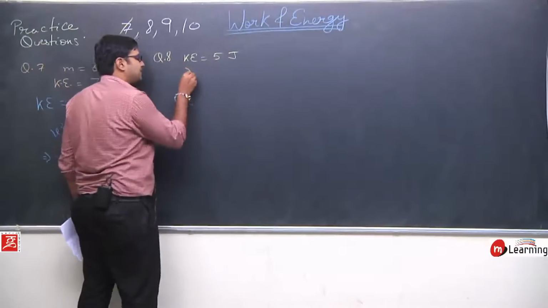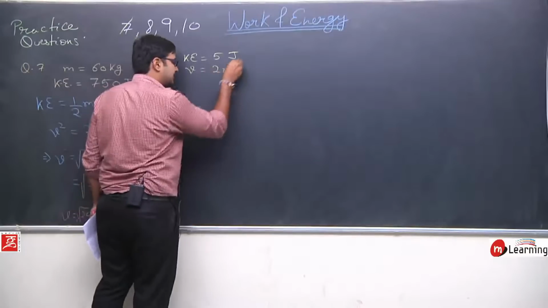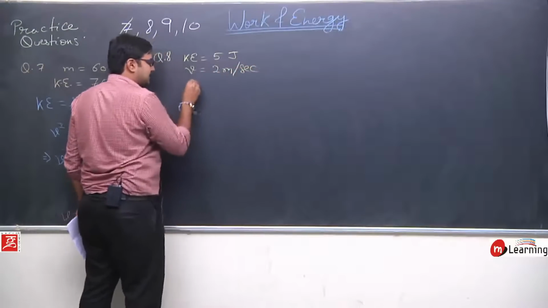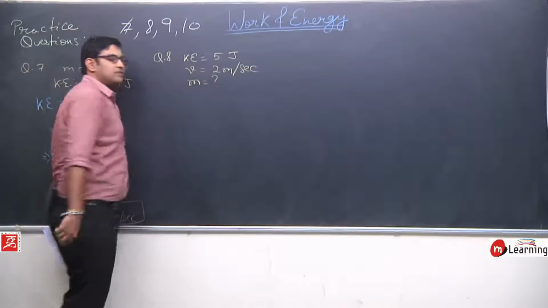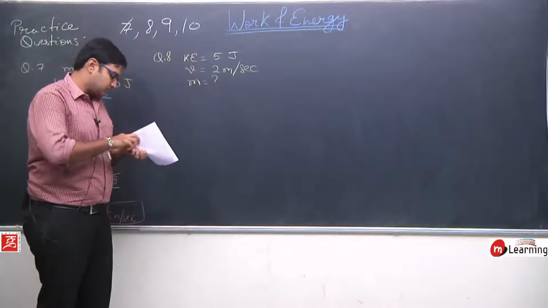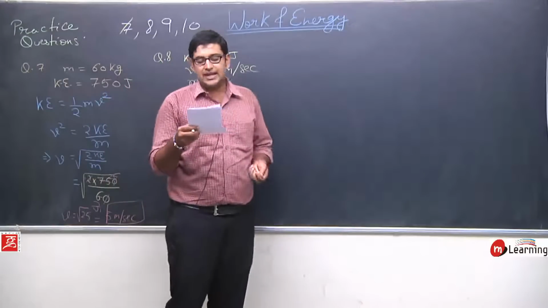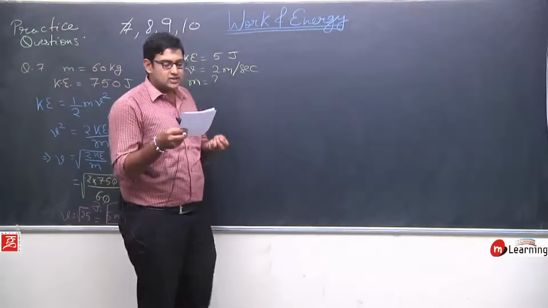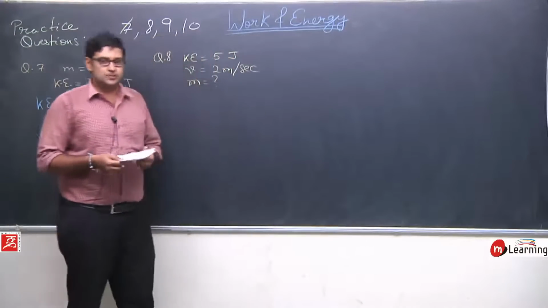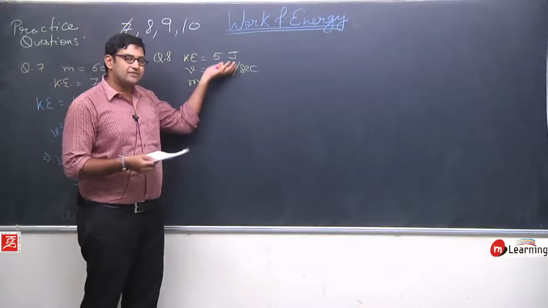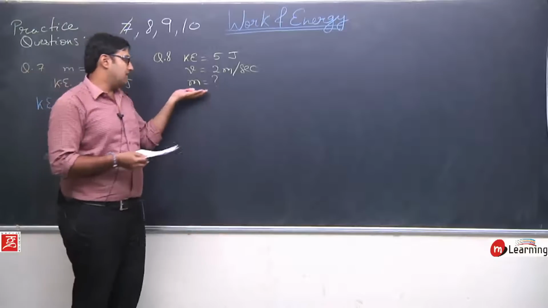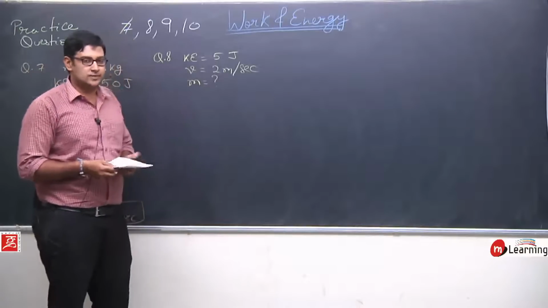So the speed of the person is 2 meters per second and our task is to calculate the mass of the person. Okay, so the complete question is, find the mass of the body which has 5 joules of kinetic energy while moving at a speed of 2 meters per second. So definitely speed is given, kinetic energy is given, and we have to determine the mass.